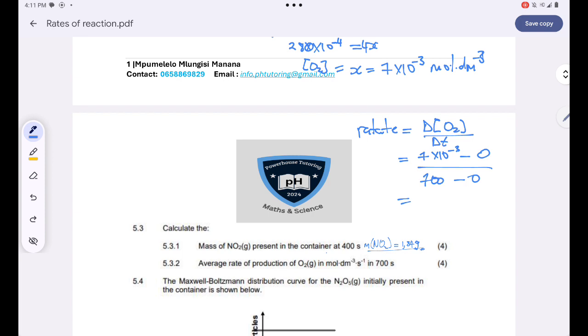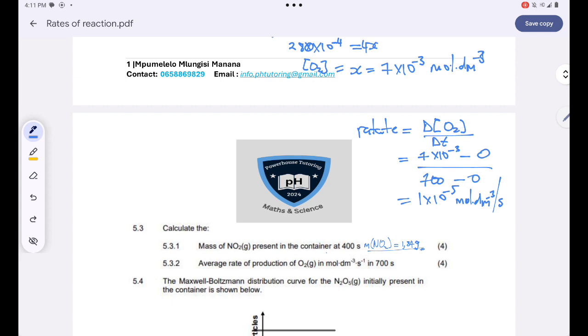I simply have 7 times 10 to the power of negative 3 minus 0 all over 700 minus 0. This will give me 1 times 10 to the power of negative 5 moles per cubic decimeter per second. So this is the actual rate of production of oxygen, guys.